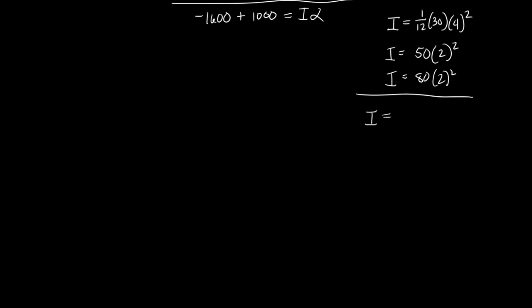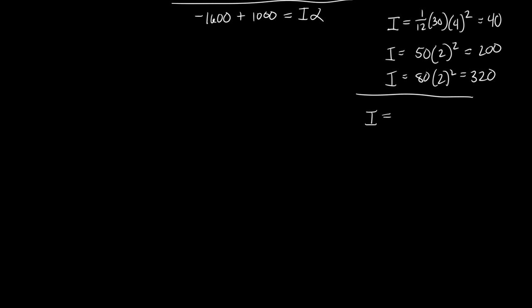All right, so I cancel one of the 3's with the 12, that's 1/4. So this has got to be just 40. Somebody check my math on this. 2 squared is 4, that's 200. This is 320. Is that all good?